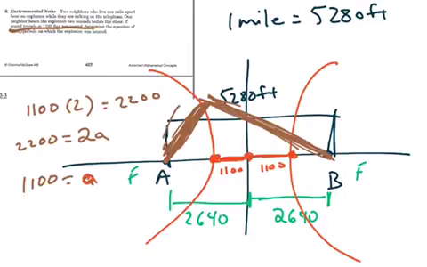Okay, what are A and B? Well, we just finished saying that A and B are the foci. So the distance from the center to the foci, which we said is 2640, is actually c. This is awesome, because we know that a squared plus b squared equals c squared.